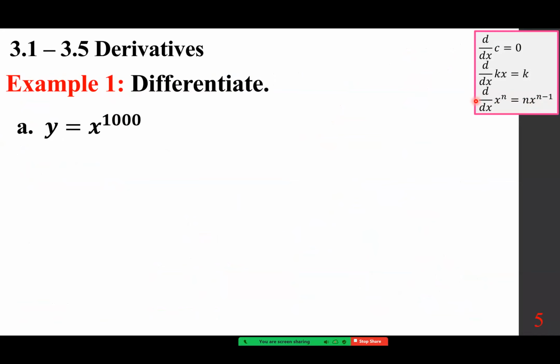So according to this rule, 1000 sits in front, and then this goes down to 1000 minus 1. So the answer is 1000 x to the power of 999 using the power rule. Let me write the name. This is extremely important. So we come across this often.